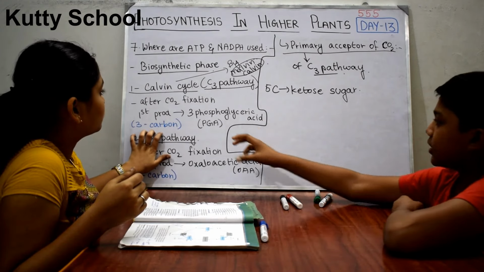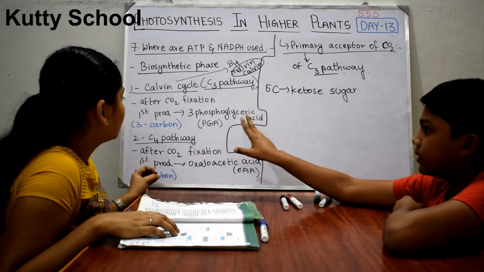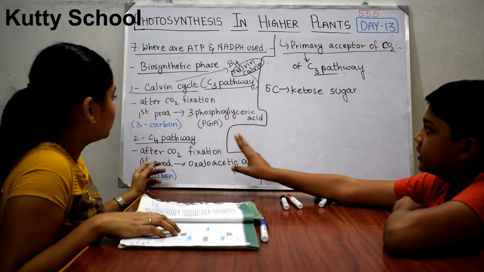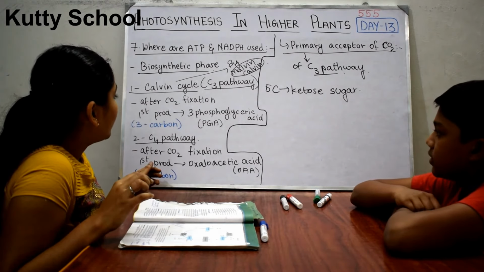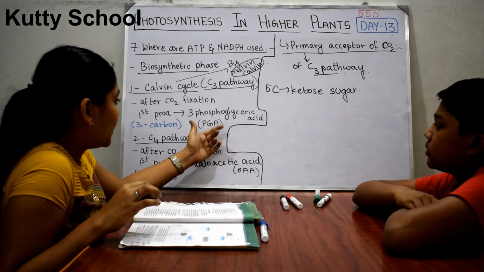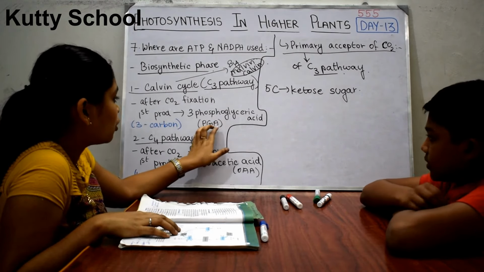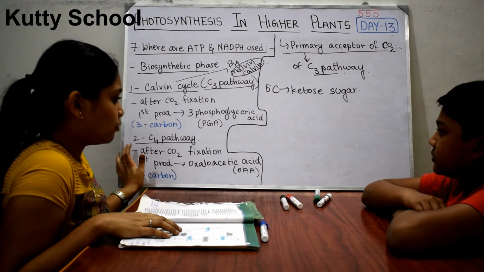Since we find 3 carbons here, it is the C3 pathway. The first product was named 3-phosphoglyceric acid, in short PGA. The next pathway is the C4 pathway.